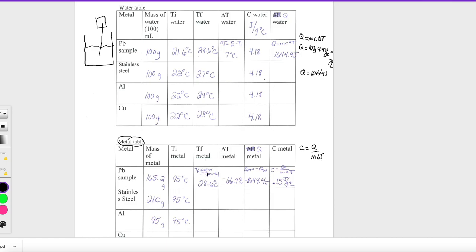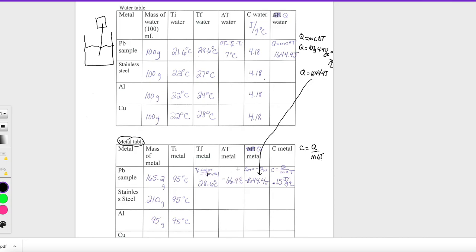That's just the mass of the water times the specific heat of the water times the temperature change of the water, and you would get Q equals 1644.4 joules. The water gained that much energy, so that must mean that the metal lost that much. So you can transfer that number right down there.